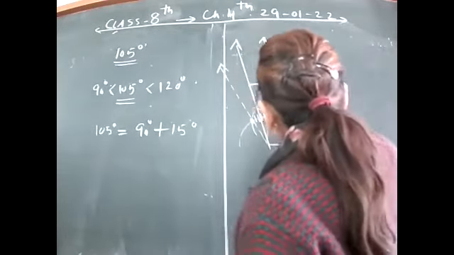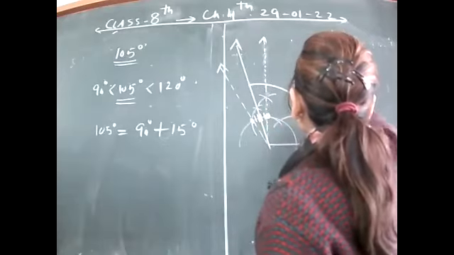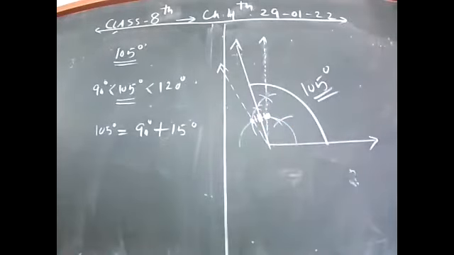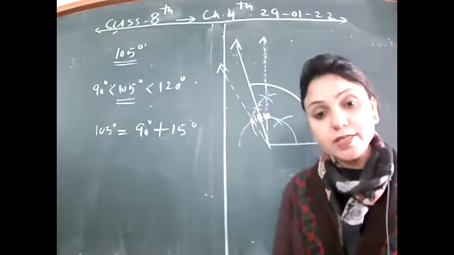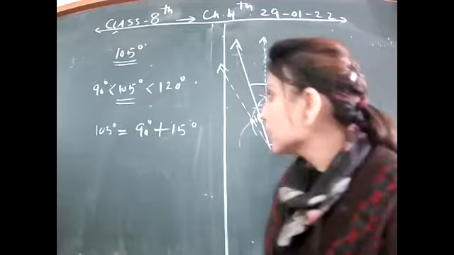This 90 and 15 gives you 105 degree. This is a way to construct 105 degree. These all angles separately, the bisection, the separate angles you will learn in 9th standard also. So it's your practice.